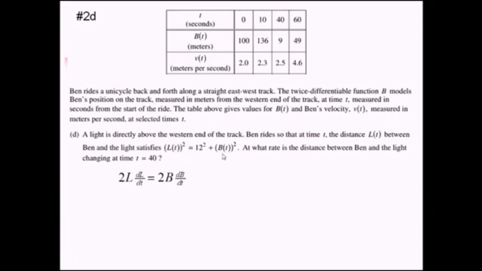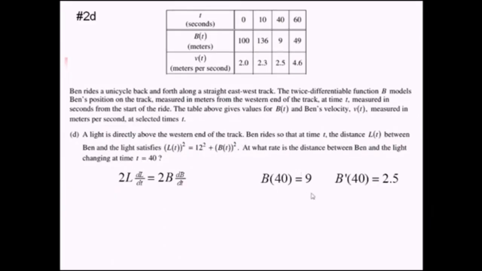So B of 40, we can actually look that up in the table. That's 9. And then dB over dt, that's B prime, or v of t, of 40, which is going to be 2.5. Next, to figure out L, we can use this equation up here. L is going to be the square root of 12 squared plus whatever this is at time 40.